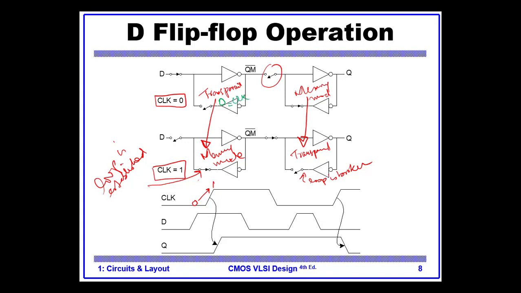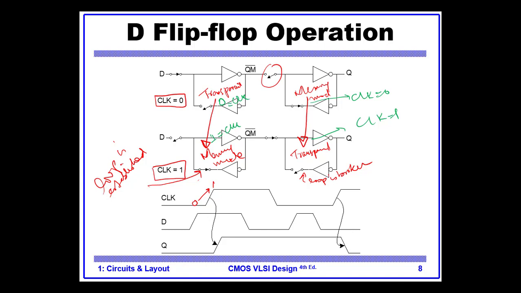So what is happening at that point? The master is going to memory mode. The slave is going from memory mode to transparent mode.